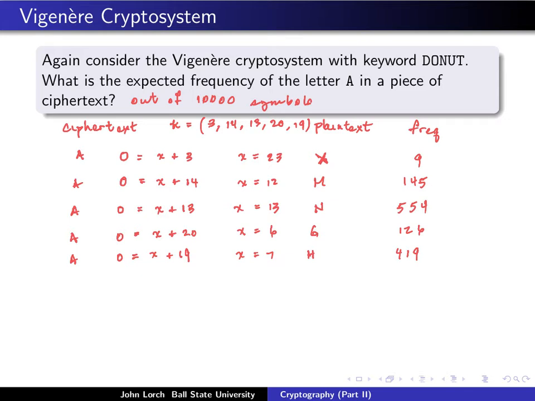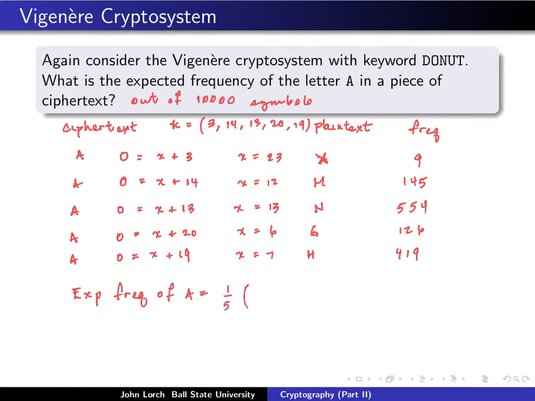And so then the expected frequency of the ciphertext A is going to be 1/5, right?